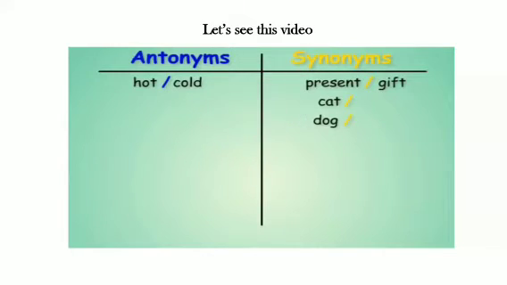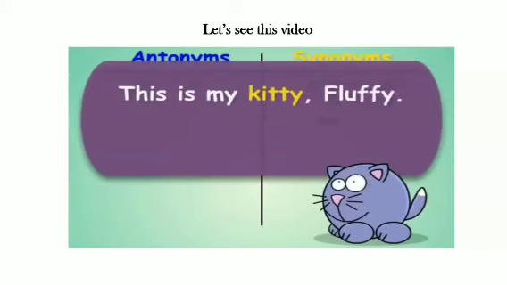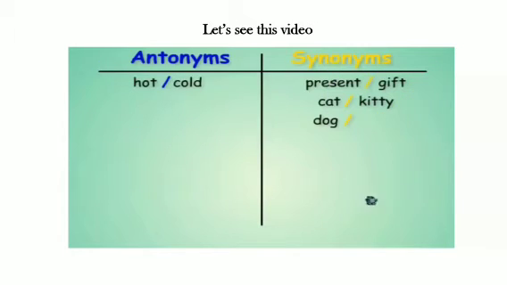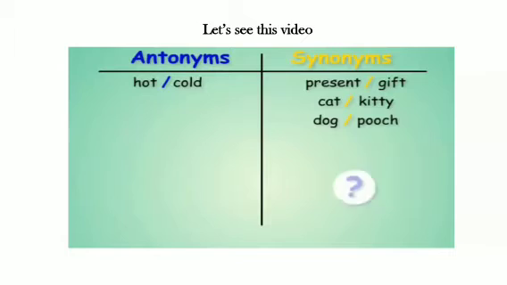Similar. Right. Can you think of another word that has the same meaning, or that you could use in place of the word cat? Maybe a word like kitty? You could say, this is my kitty, Fluffy, or this is my cat, Fluffy, and the sentences would have the same meaning. How about another word for dog, like pooch? Can you think of any more synonyms?